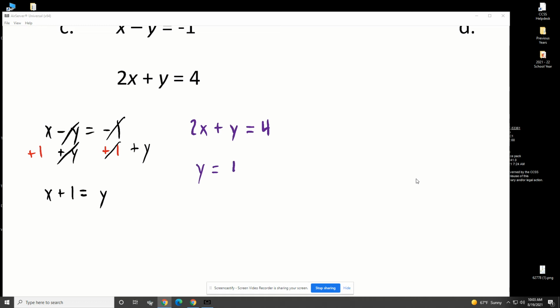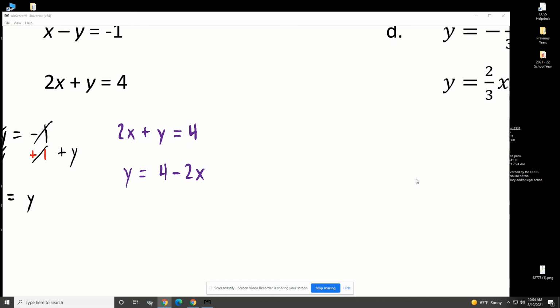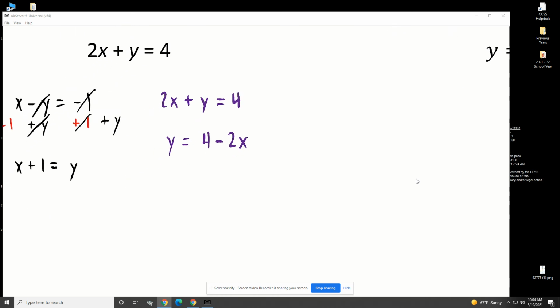So we're going to be left with 4 minus 2x. So, what did we just accomplish? They're both now equal to y, so they're equal to each other, right? So let's take them and set them equal to each other. So we've got x plus 1 equals 4 minus 2x.